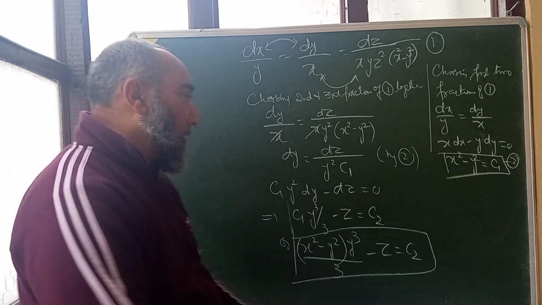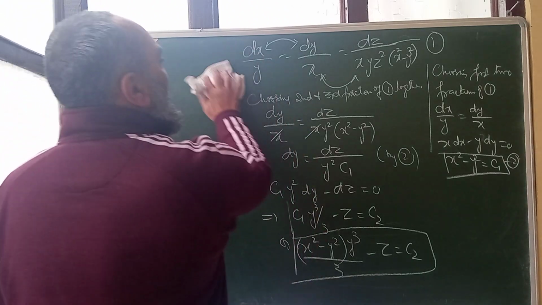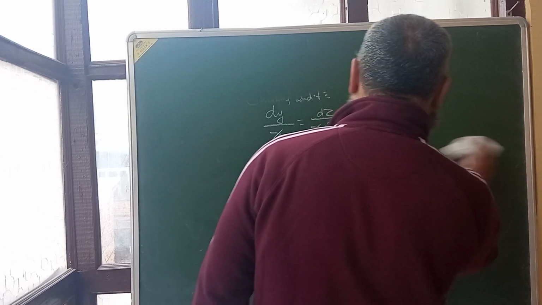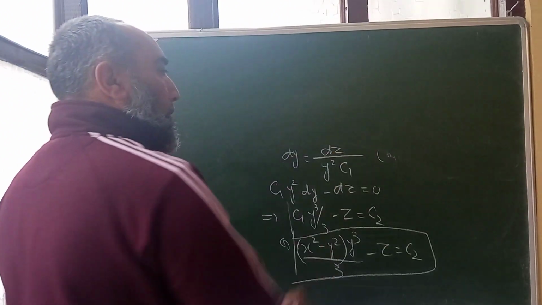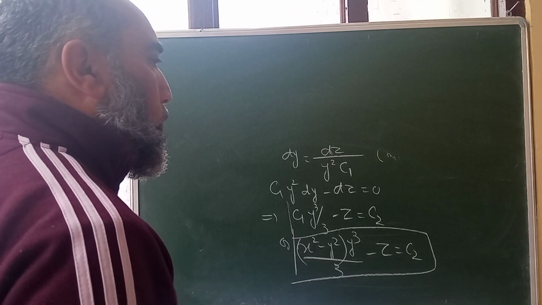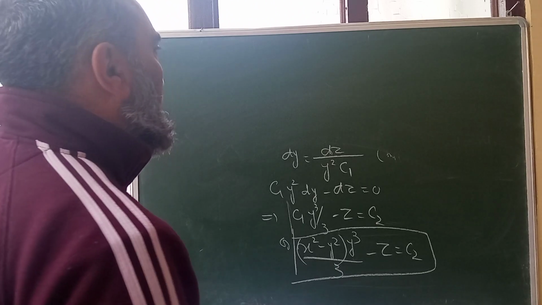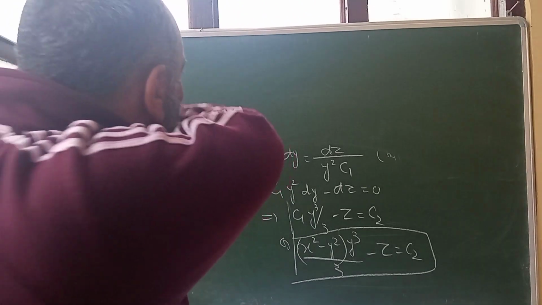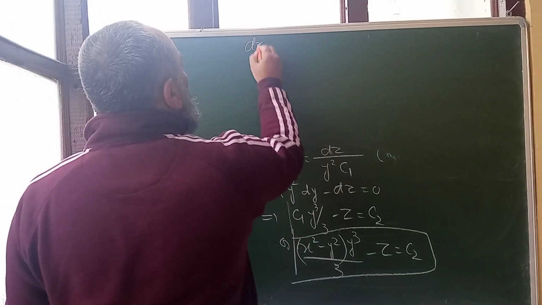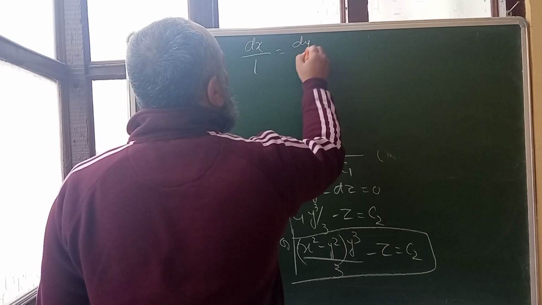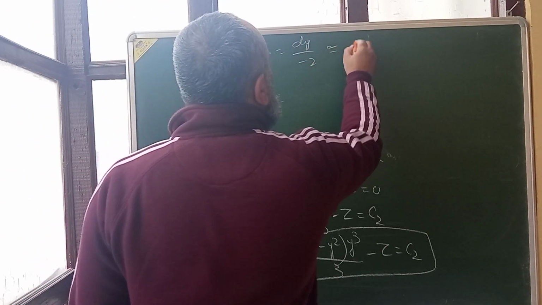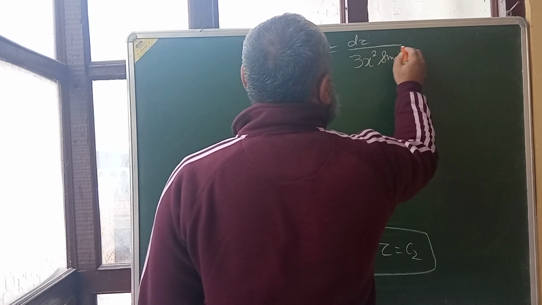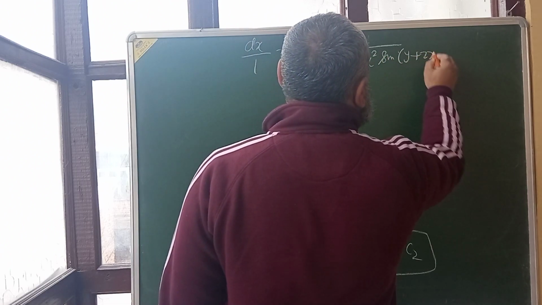Fine. Let me take one more question. dx by 1, dy by minus 2, dz by 3x square sine of y plus 2x.